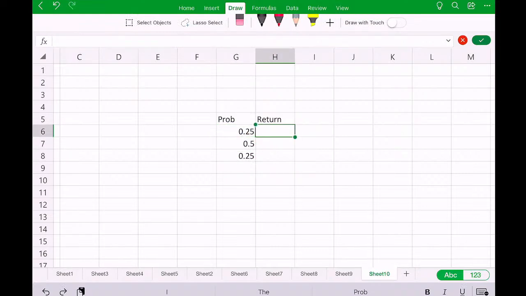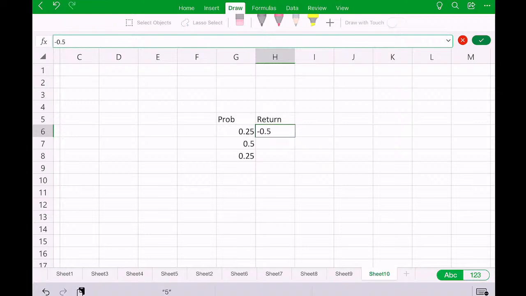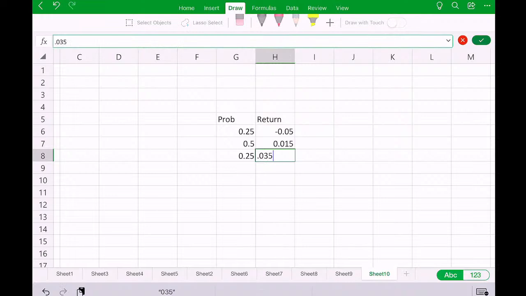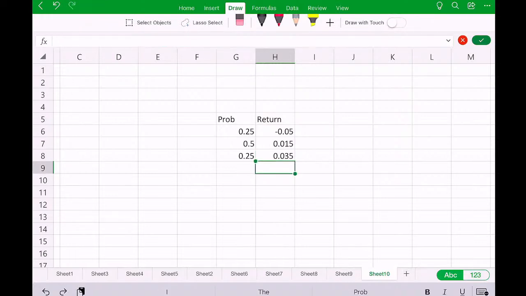And the returns are negative 0.5, 0.015, and 0.035. Now you could use the whole numbers without the decimals. Oh, sorry, this would be 0.35. But I'm going to do it this way this time.